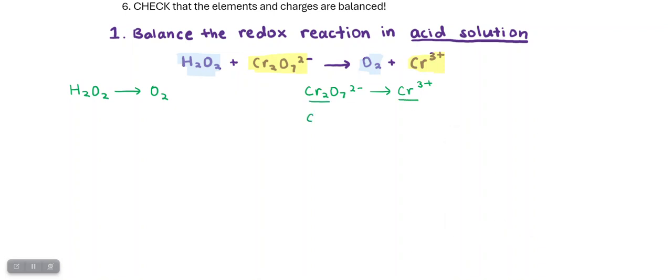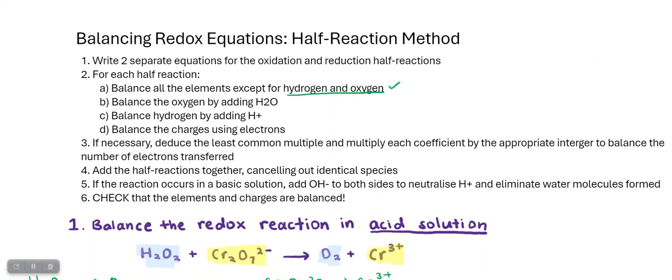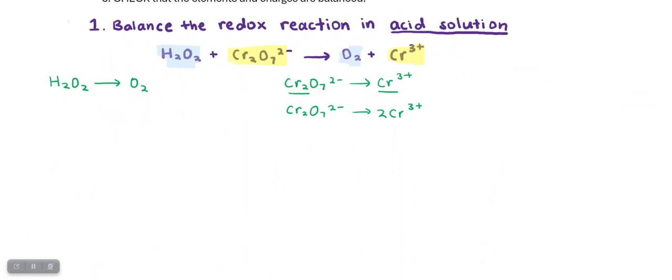So what we need to do is add the coefficient of 2 on this side. So 2a, done. Now 2b, balance the oxygen by adding H2O.